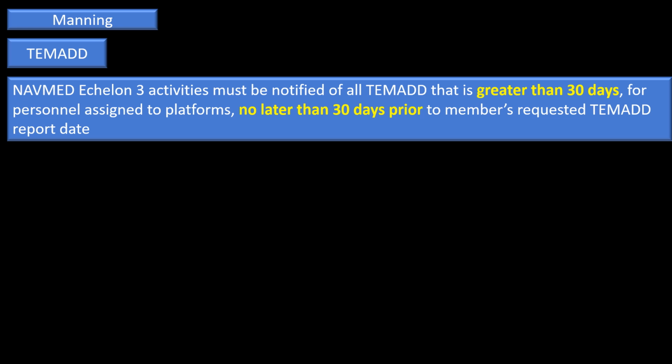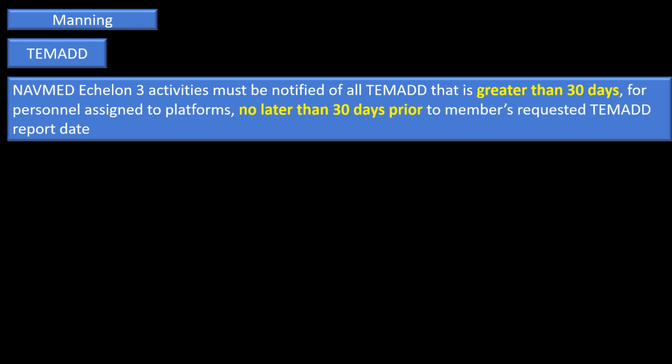Next, we're going to discuss some administrative requirements when it comes to temporary additional duty. When you get sent on temporary additional duty away from your command, we've got some reporting requirements depending on what that additional duty is. Navy Medicine Echelon 3 activities, the regional commands, have to be notified for all temporary additional duty that is greater than 30 days.